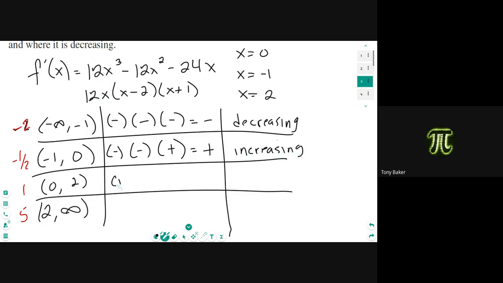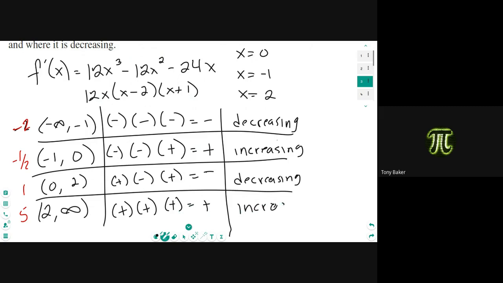Now 1. Okay, well, that's going to be a positive. 1 is less than 2, so that's going to be a negative. And that's a positive, so that's going to be a negative. So this one is decreasing. Now 5. Positive. 5 is greater than 2, so that's a positive, and that's a positive. So that's positive.